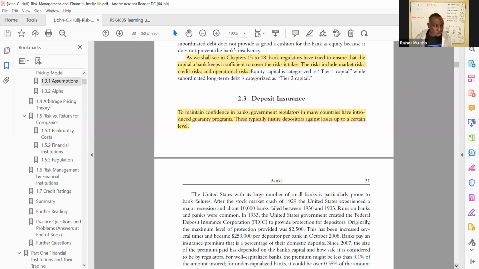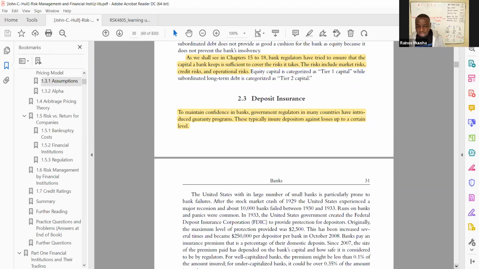I still remember that in the case of VBS Bank, there was government intervention because the government wants to maintain confidence in the financial system. But at the same time, I don't think there was depositor insurance for the banks.